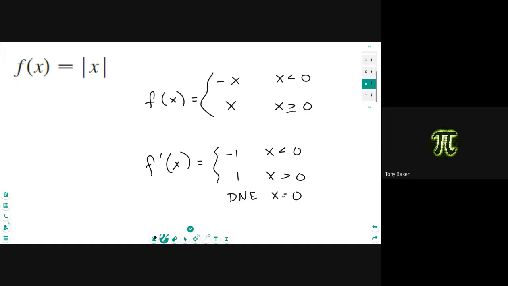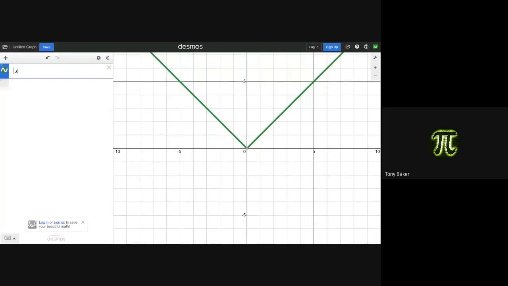But what does the graph look like for an absolute value function? Okay, so is there a local min or max by the definition? That's the absolute value function, right?